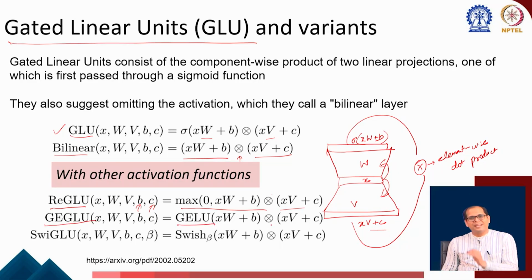And if you replace it by Swish, this gives you SwiGLU that you have seen in these slides. Many architectures are using SwiGLU. Here the activation is Swish with some beta, and this beta is typically set to 1. This is SwiGLU compared to what we talked about in FFN.